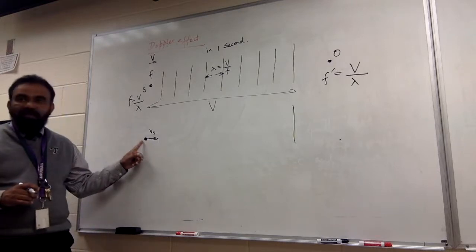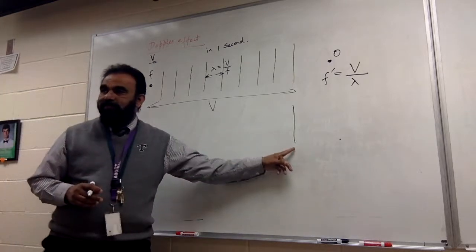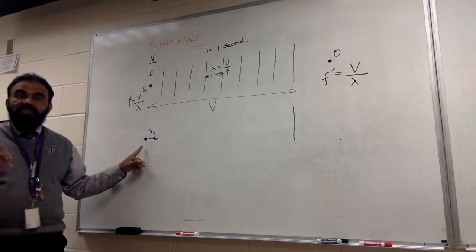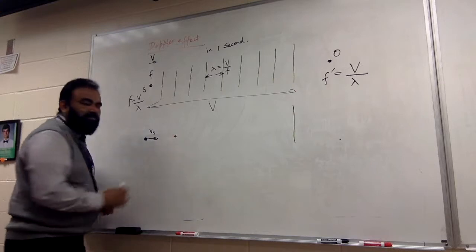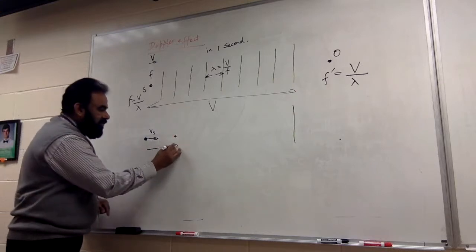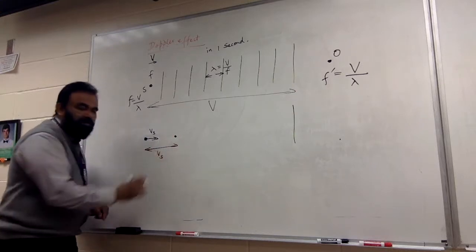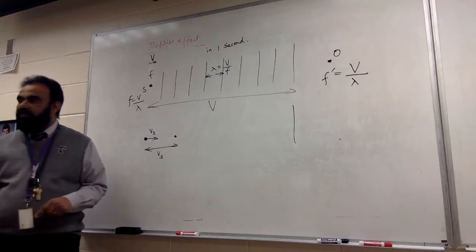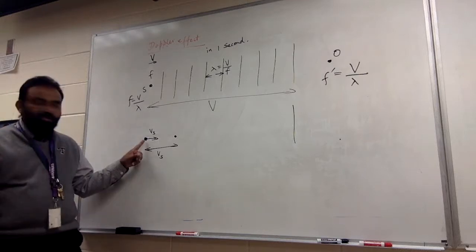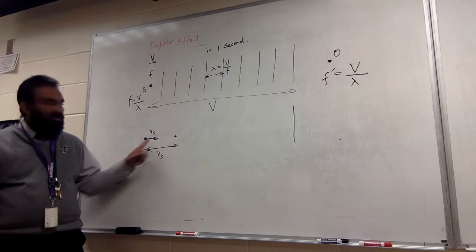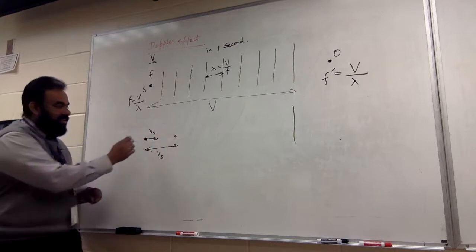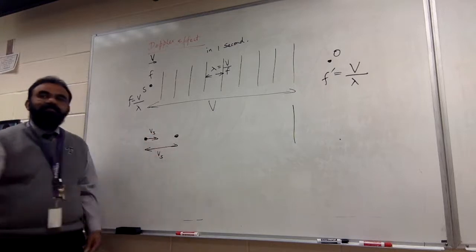So the first wave in 1 second has gone till here. The source itself in 1 second would have gone till here. What is this distance? Make sense? The source also is moving, and so in 1 second, the source moves from here to here.